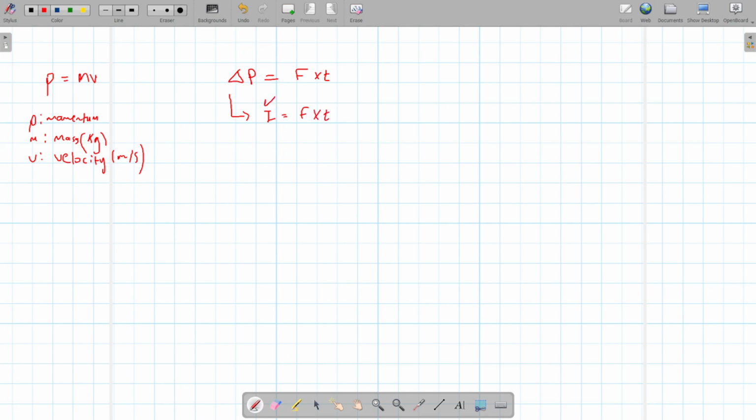But I don't think they call the impulse I. They call the impulse delta P. So whenever they ask for impulse, you use the formula delta P equals Ft, where F is the force in newtons and t is the time in seconds.